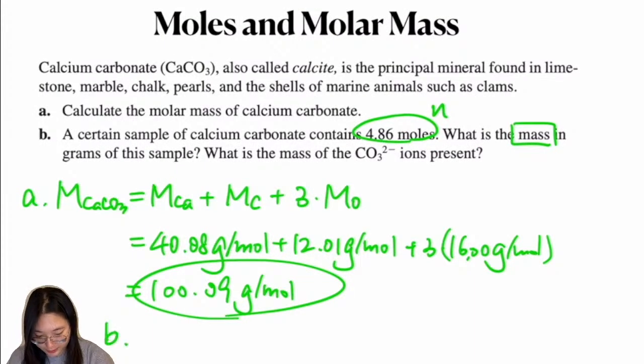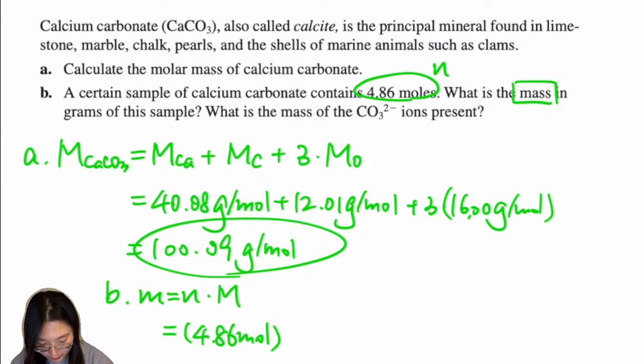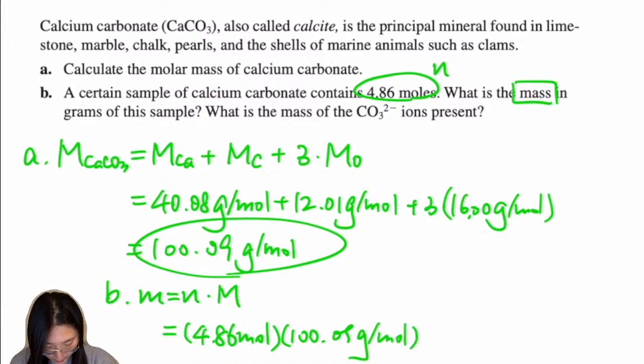Again, we're going to use the formula: mass is equal to moles times molar mass. So mass is equal to 4.86 moles multiplied by the answer we just got in part A, 100.09 grams per mole.